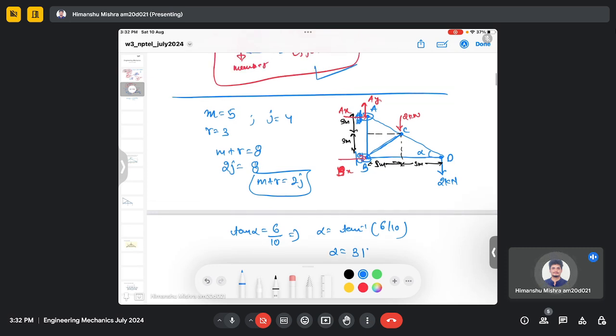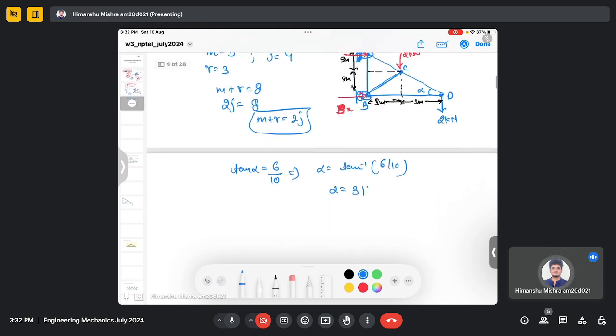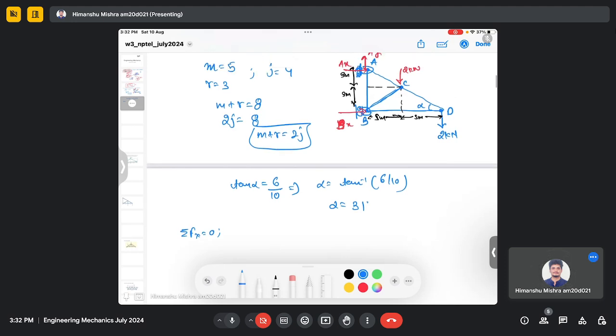So now let's find the reactions. To find the reactions, we will simply use the force balance analysis that we have used until now. The summation of forces in the x direction will be 0, so it will be AX plus BX equal to 0.